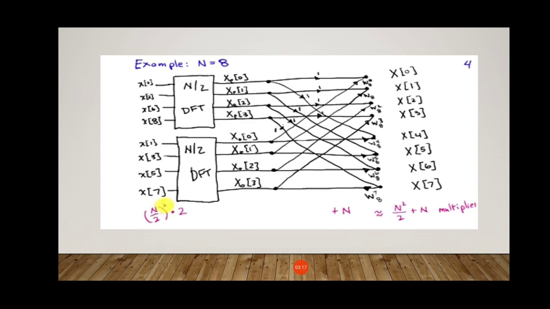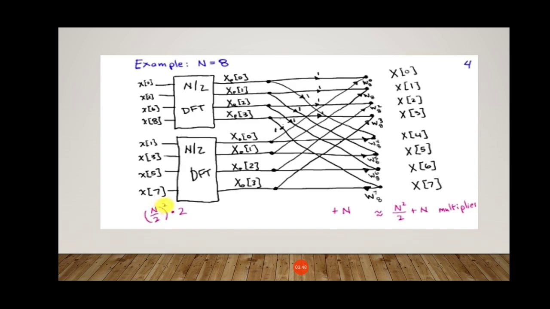So what is happening is, X of 0 is X even 0 plus W8^0 X odd 0. But capital X4 would be X even 0 minus W8^0 X odd of 0.